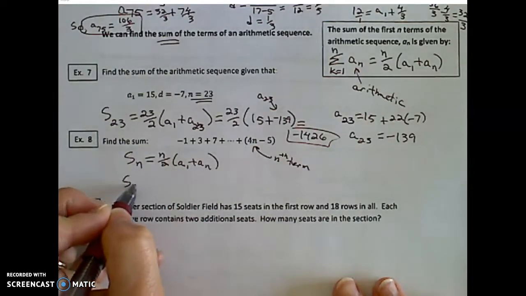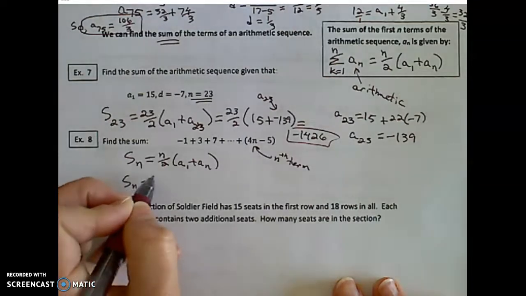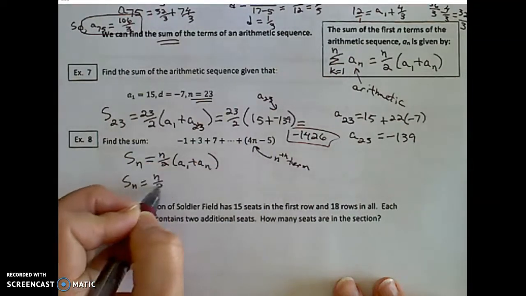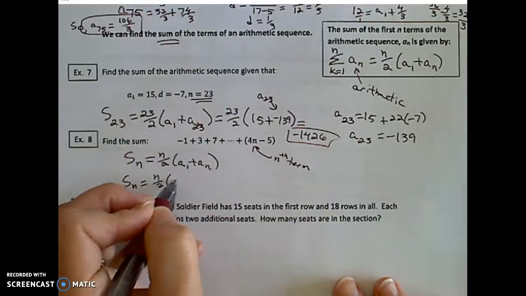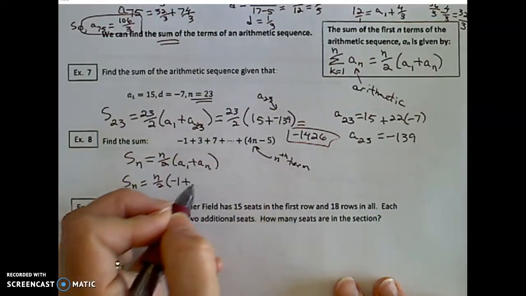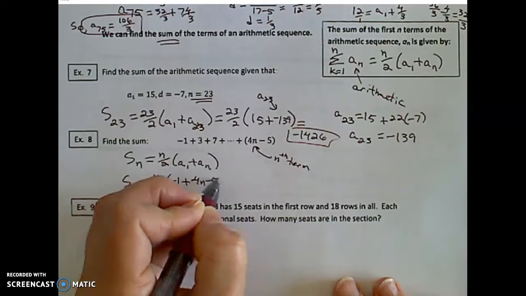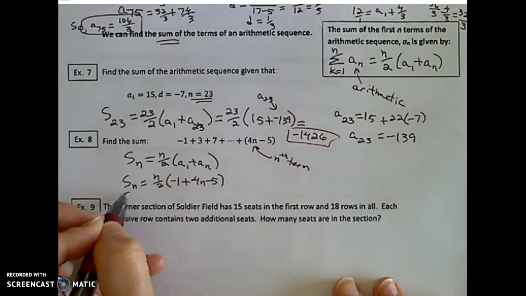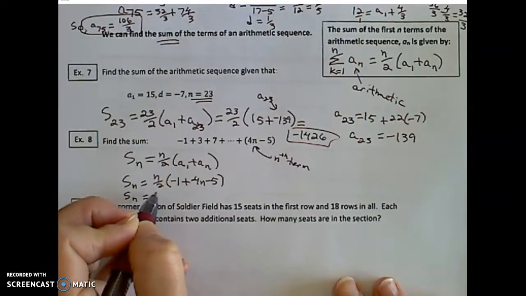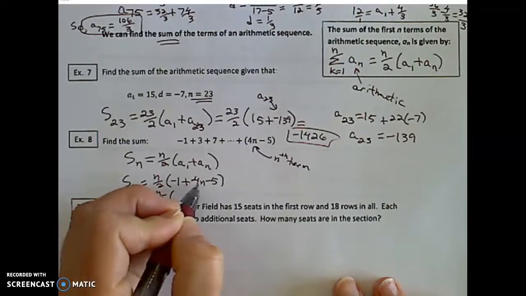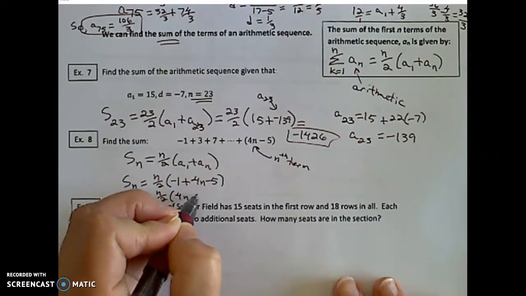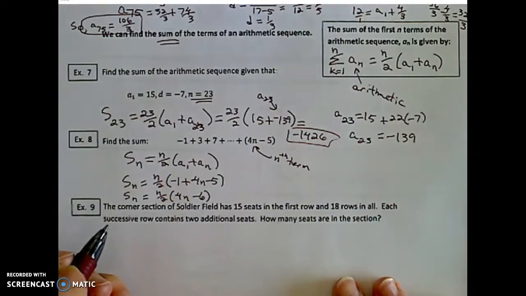So the sum of any n terms of the sequence will be the number of terms in general divided by 2 times the first, I'm given a sub 1, plus the last, whatever that last term is, 4n minus 5. Let's just simplify that again a little bit. S sub n is equal to n over 2 times, what is that, 4n minus 6.